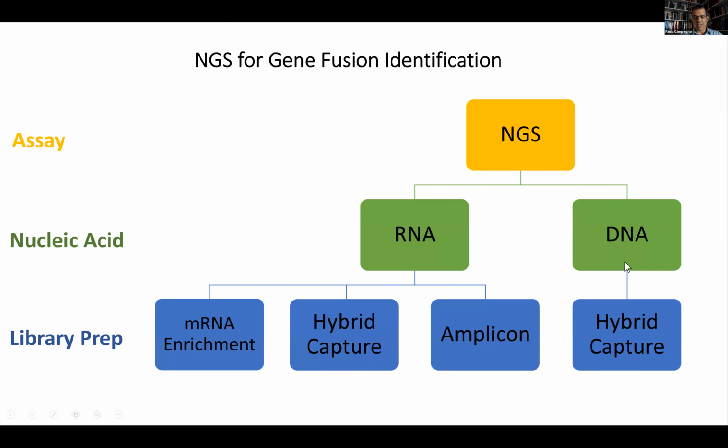Every time we use DNA, we need to study with hybrid capture, right? There's no good amplicon-based, DNA-based assay to detect fusions. But with RNA, we can use amplicon-based assays, hybrid capture, which can be whole exome-like or smaller panels, or mRNA enrichment assays.